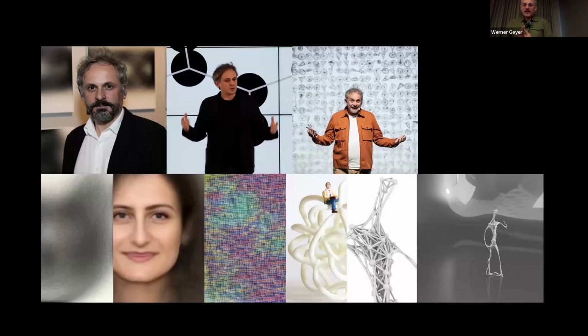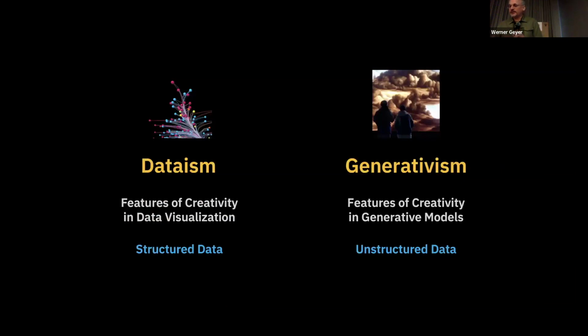I will try to divide this presentation into steps. First, to understand the reason why we use data visualization so intensely to understand our world, and then why we move to this new form of aesthetic, generativism. So let's see the difference.